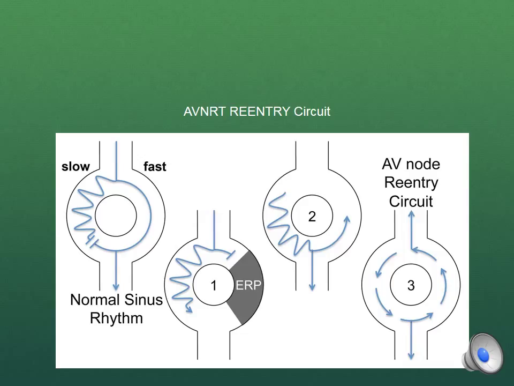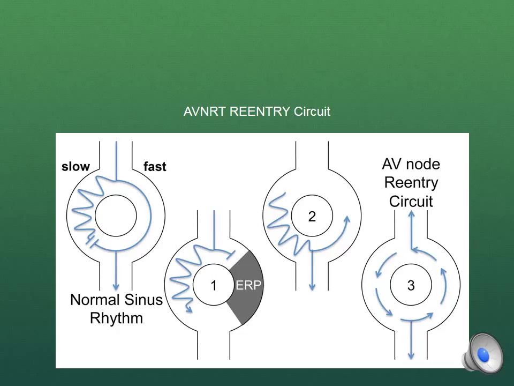For example, a PAC occurs, and it comes down and hits our circle. Our slow side goes around, but our fast side is still in the refractory period, because the stimulus took longer to reach around as it went around the slow side and continued down into the bundle of His. So it's still in the relative refractory phase, but our slow side is not.